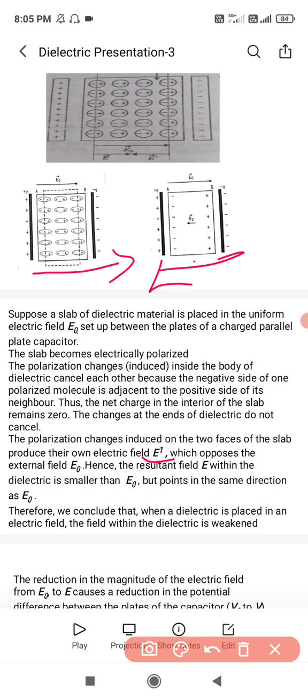The applied electric field is in this direction, the polarized electric field will be in the opposite direction, represented by E dash, which opposes the external electric field.